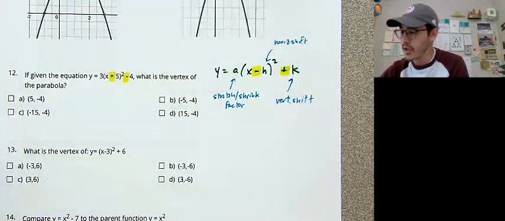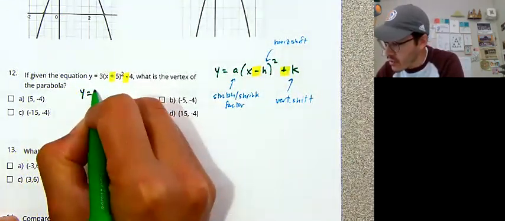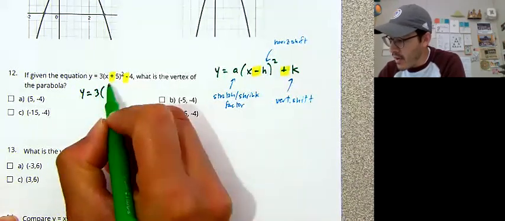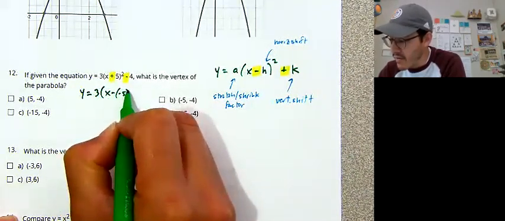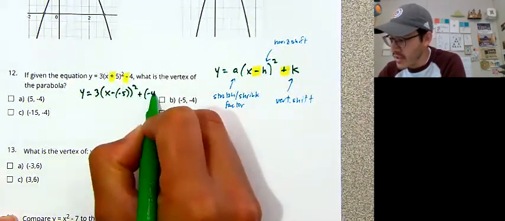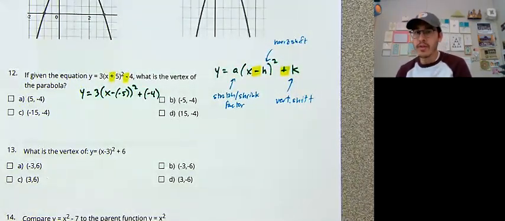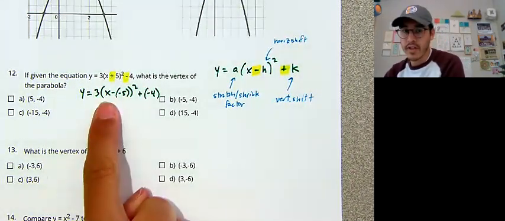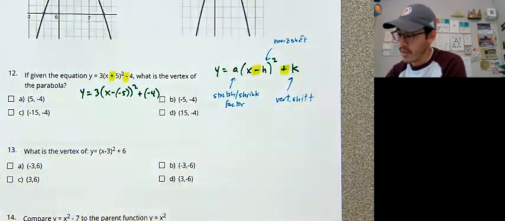So I'm going to rewrite this as y equals 3 times, now, x plus 5 is equivalent to x minus negative 5. And minus 4 is the same as plus negative 4. So I'm doing this so that the function here in the problem matches its signs with the formula.